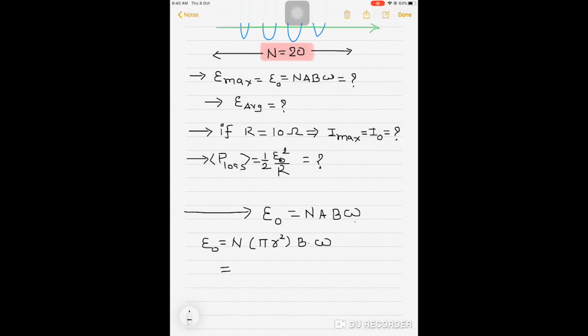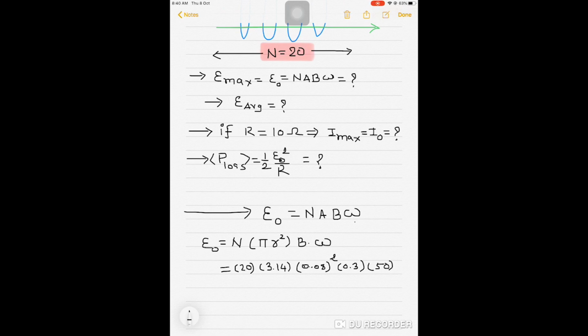So here we will put the number of turns, that is 20, pi value 3.14, radius 8 centimeter, so I can put it as 0.08 square. The magnetic field is given as 0.3 Tesla, and omega is given as 50 radian per second.